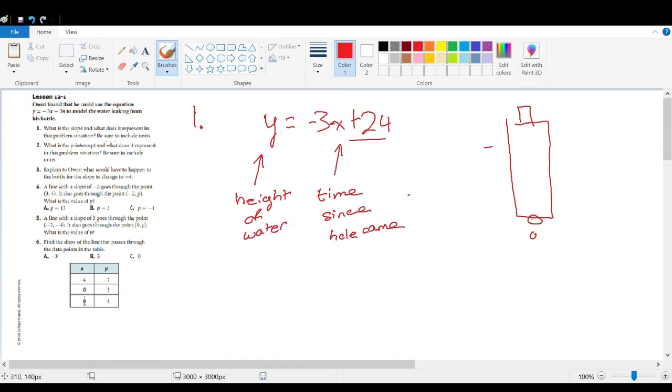And now what they're asking is, what is the slope, and what does it represent in this problem situation? Be sure to include units. So the question is, what is the slope? Well, the slope is a pretty simple concept.